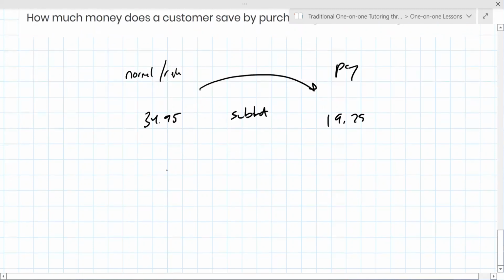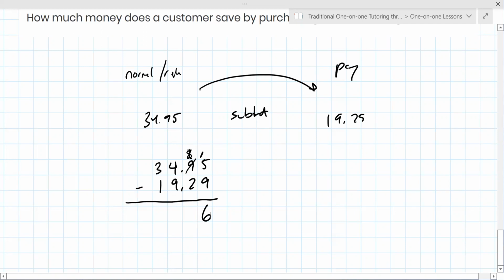Okay, so let's try that here. 34.95 subtract 19.29. So let's look at this one together here. 5 minus 9, there's a problem with that because the 5 is smaller than 9. So you need to borrow from the 9 up here on the top left. So that 9 goes to 8. The 5 becomes a 15. 15 minus 9 is 6.